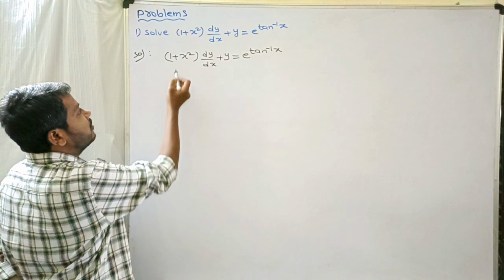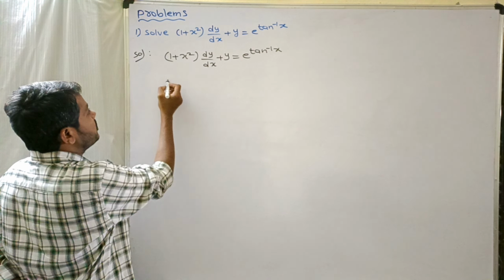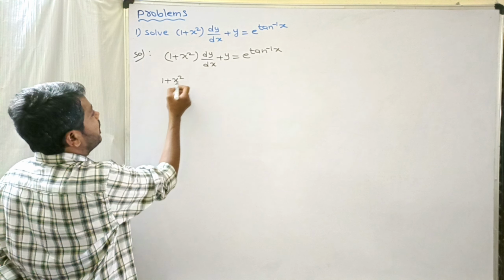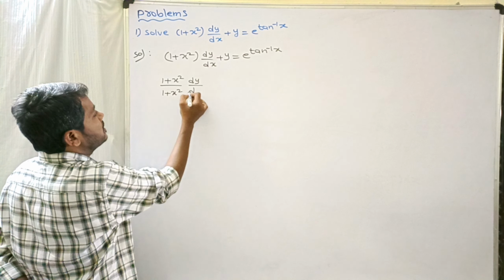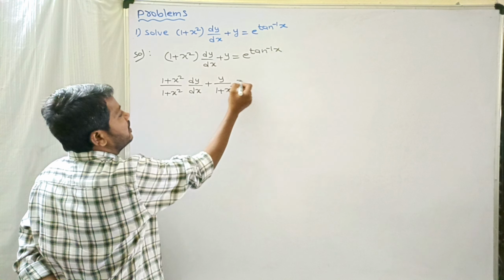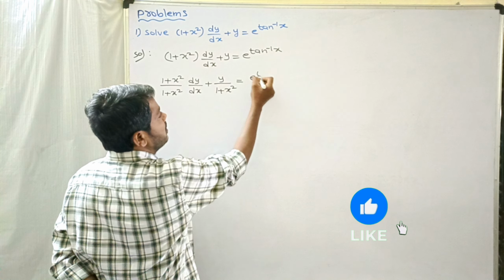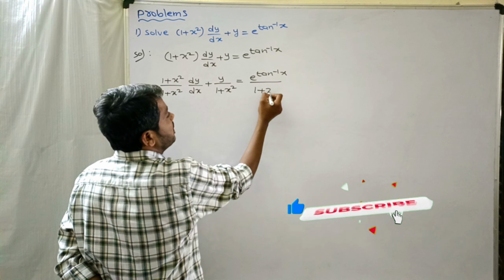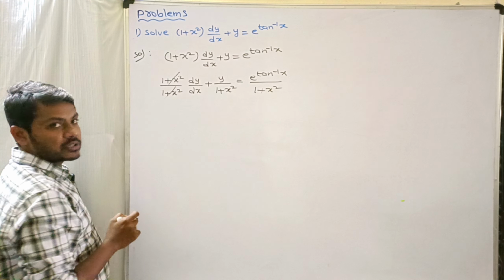Now we can divide by 1 + x² on both sides, which becomes (1 + x²)/(1 + x²) dy/dx + y/(1 + x²) equals, on the right hand side also divide by 1 + x², e^(tan⁻¹x)/(1 + x²). Clearly 1 + x² and 1 + x² get cancelled.